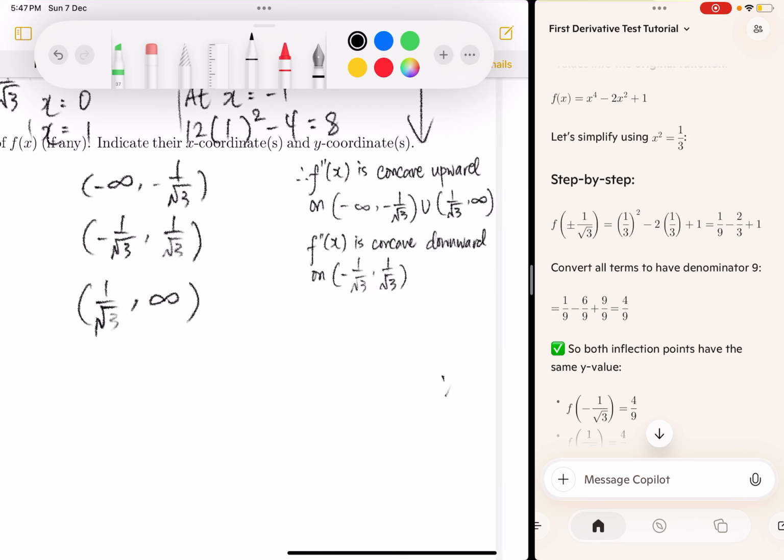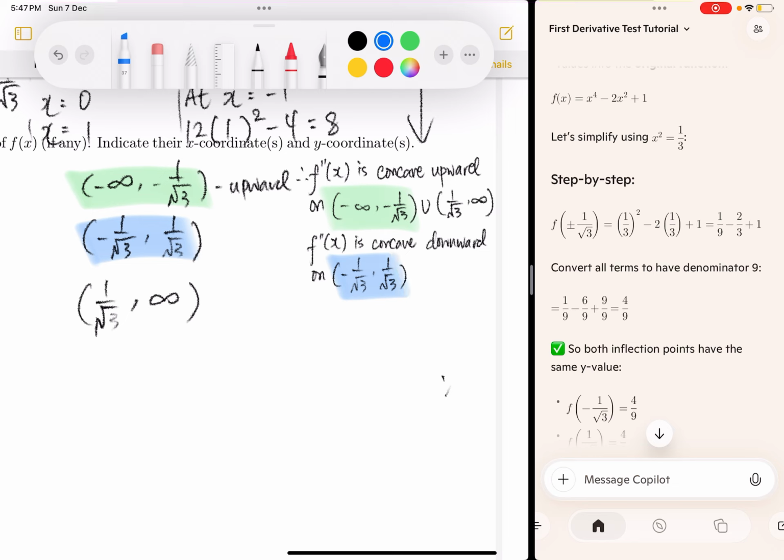Here we said that this right is concaving upward, and then as we get here, this is concaving downward.